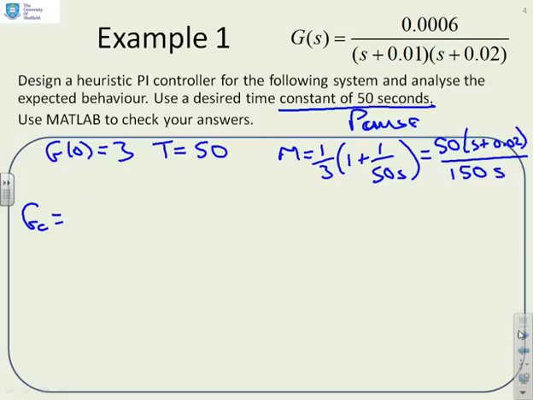So next, I can calculate the closed loop transfer function. So Gc equals GM over 1 plus GM. And let's put all these numbers in.